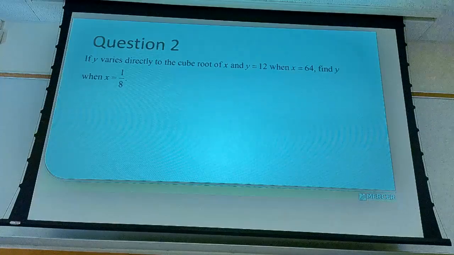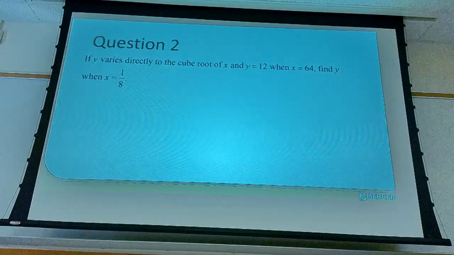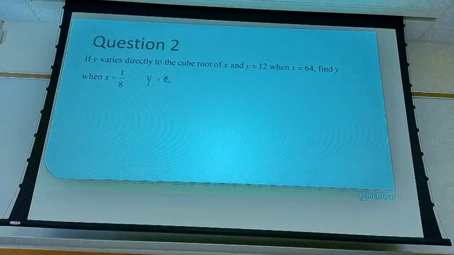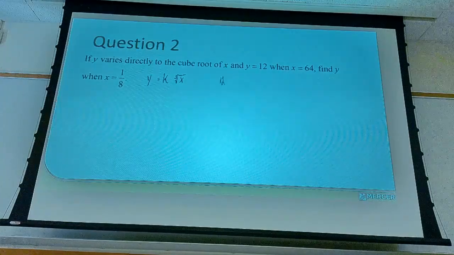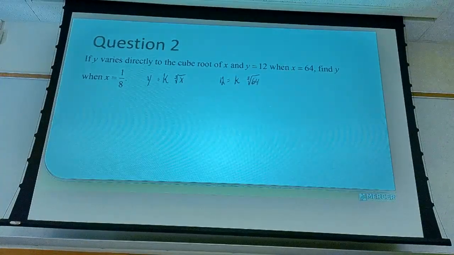Y varies directly as the cube root of x. We also know that y is 12 when x is 64. Cube root of 64.